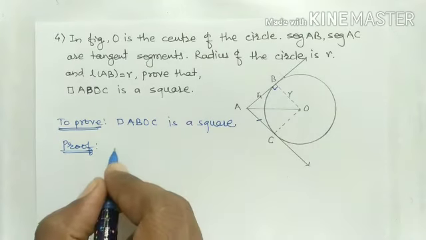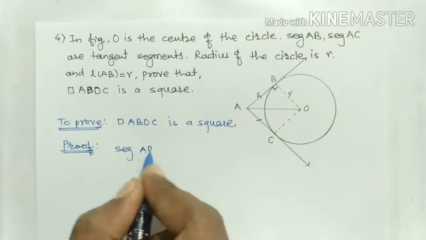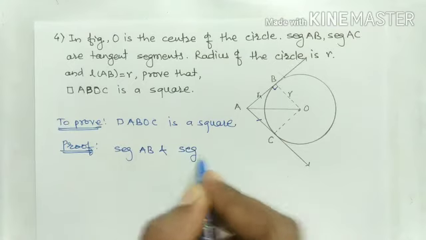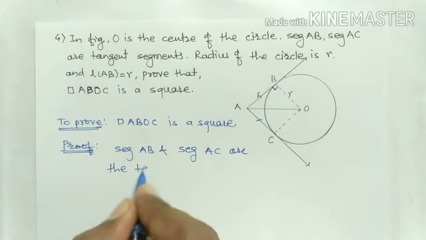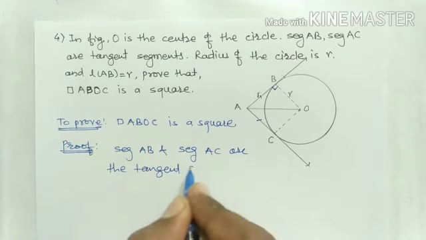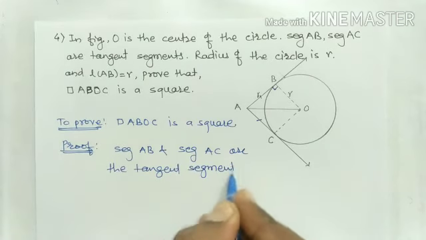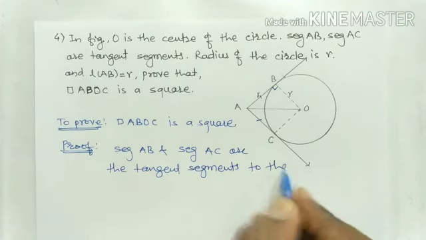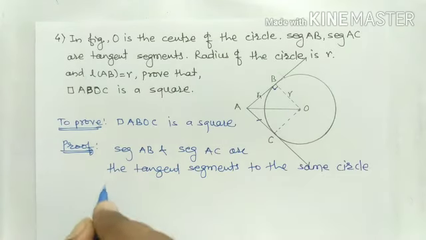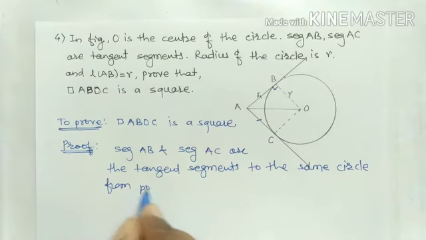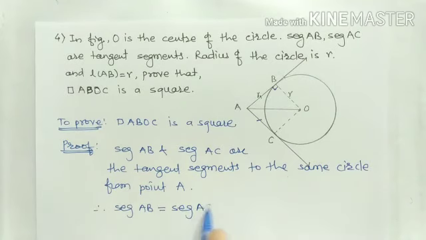Here segment AB and segment AC are the tangent segments to the same circle from point A, and therefore seg AB equals seg AC.